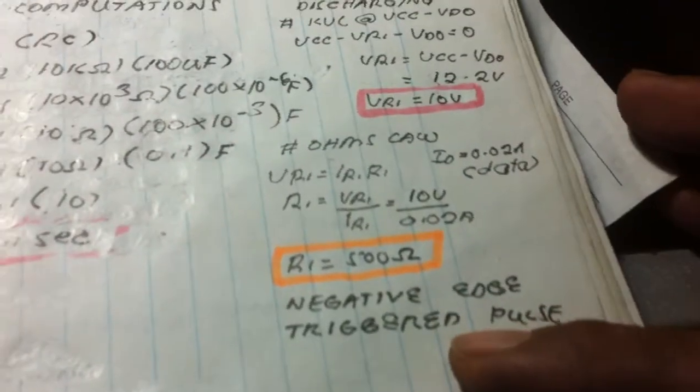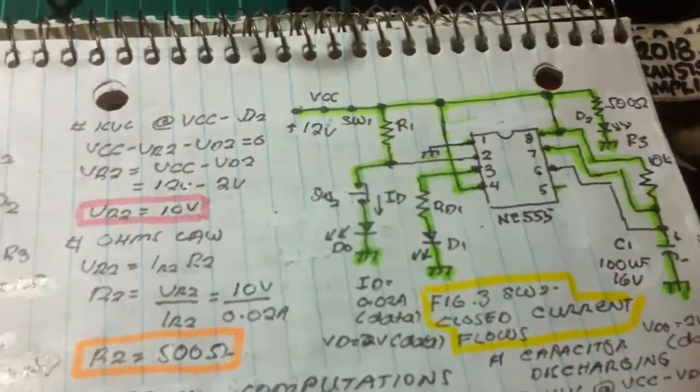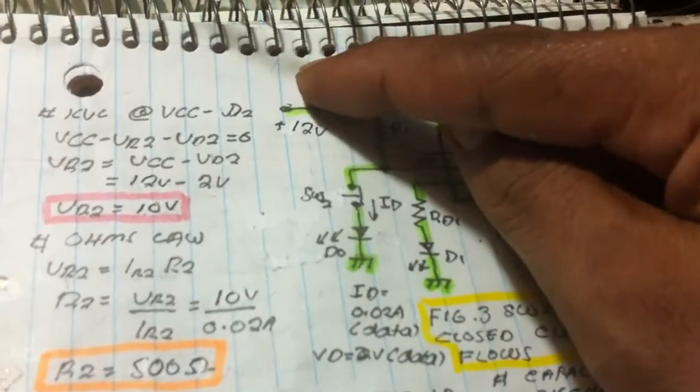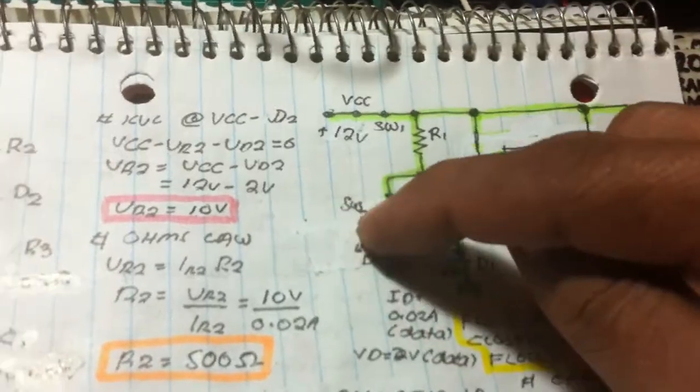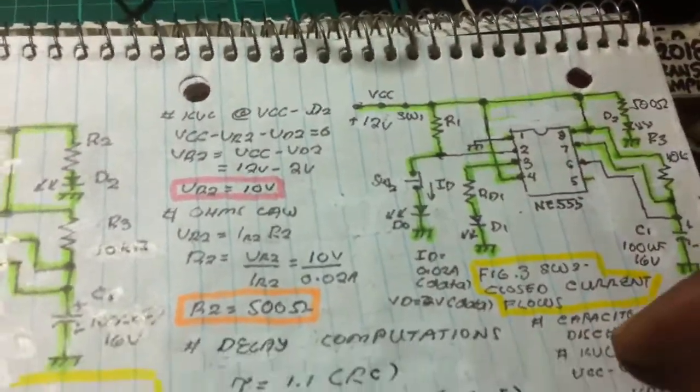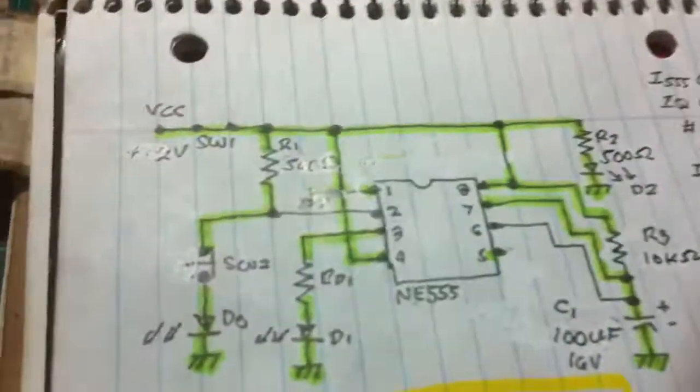As you have seen here, this is a negative edge triggered pulse. It means you are applying a negative pulse from positive. When you press the button, it becomes negative edge triggered. That is the meaning of negative edge triggered.